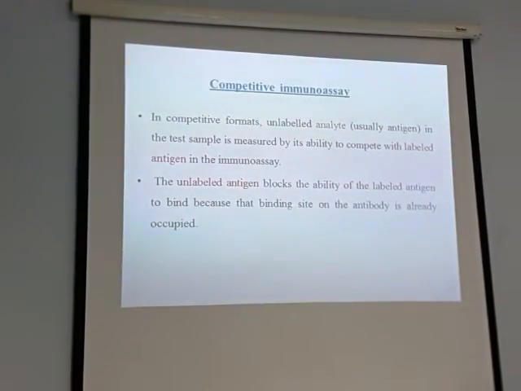We know the labeled antigen, the antigen which is labeled. The unknown antigen is present in the sample. The unlabeled antigen is in the sample, and the labeled antigen is present in the kit, the reagent you are using for the estimation during the test. So there is a competition between the unlabeled antigen and the labeled antigen.